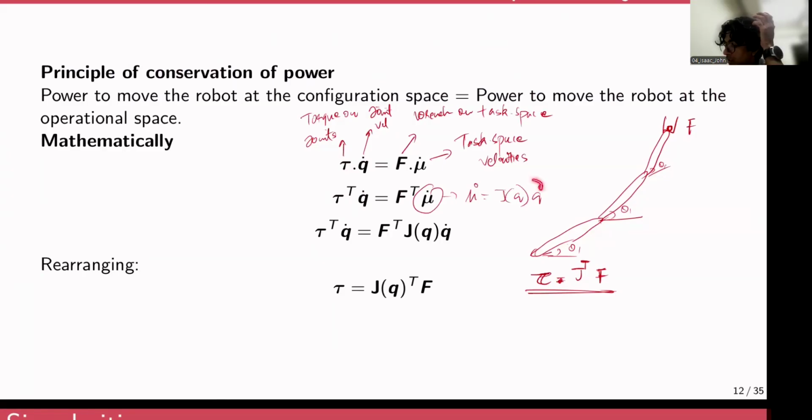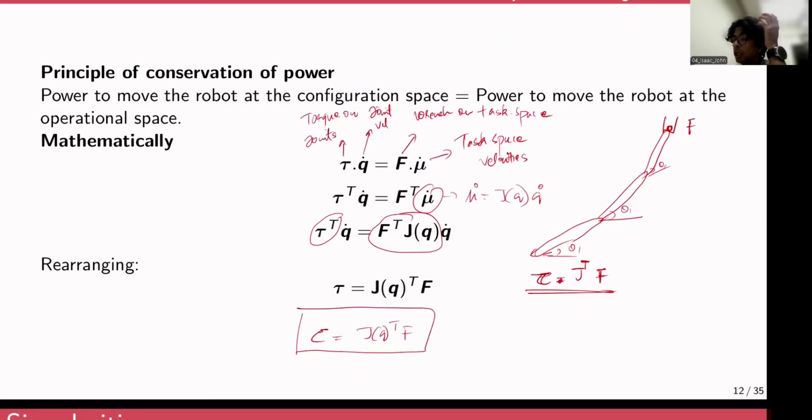And if I substitute this equation in place of mu dot, you will end up with this equation, right? So this q dot and q dot will get cancelled. And finally, if you take the transpose of both left-hand side and right-hand side, you'll end up with this equation. Tau would be J of q transpose F.